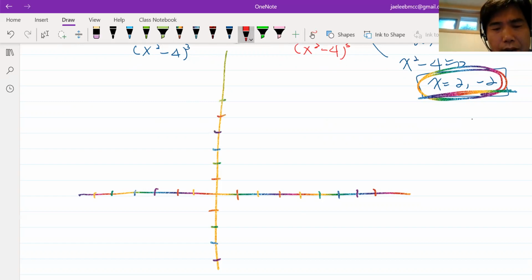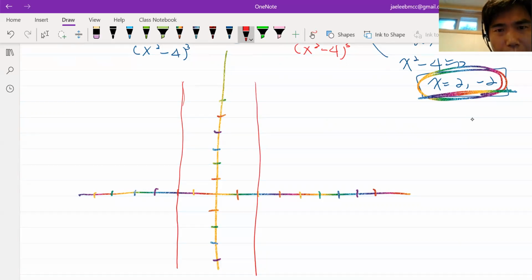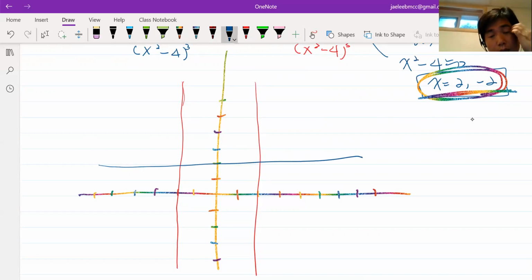First of all, I'm going to define the vertical asymptote, which is here, here, horizontal, here too, okay? And then we know the x-intercepts are negative 3 and 3. Y-intercept 4.5, so 1, 2, 3, 4.5 is right here.